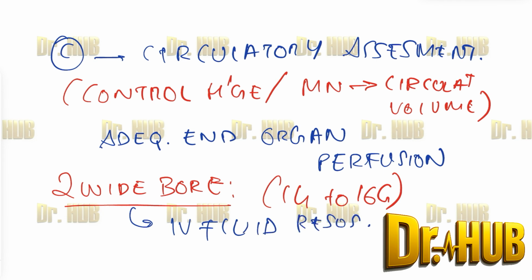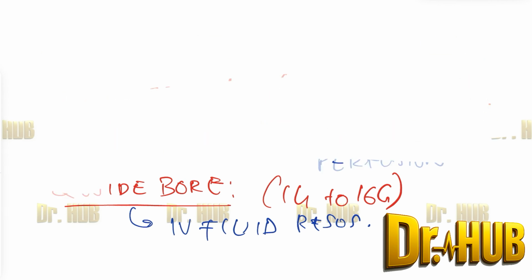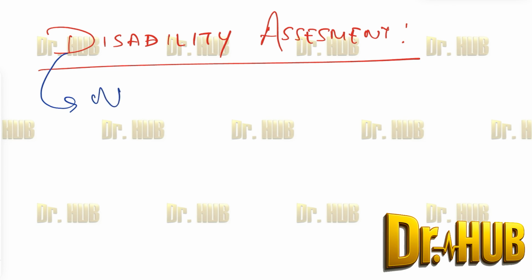Then we move on to the D. So A was for the airway, B is for the breathing, C is for the circulatory. Now D is for the disability assessment. This disability assessment is to perform the basic neurological evaluation.